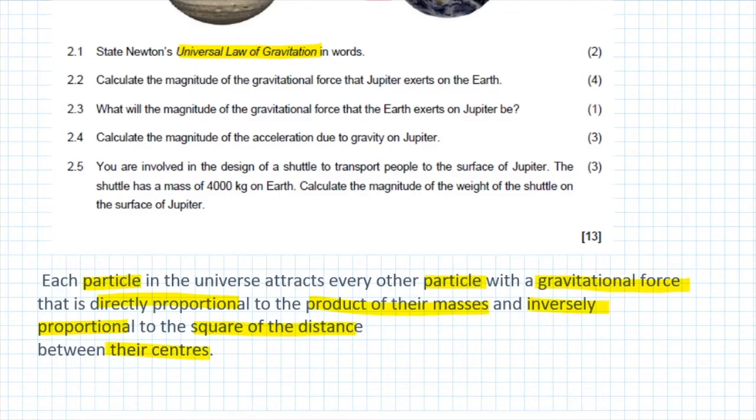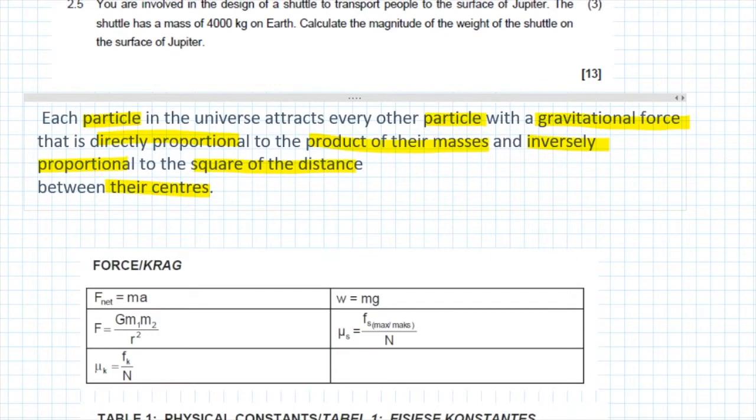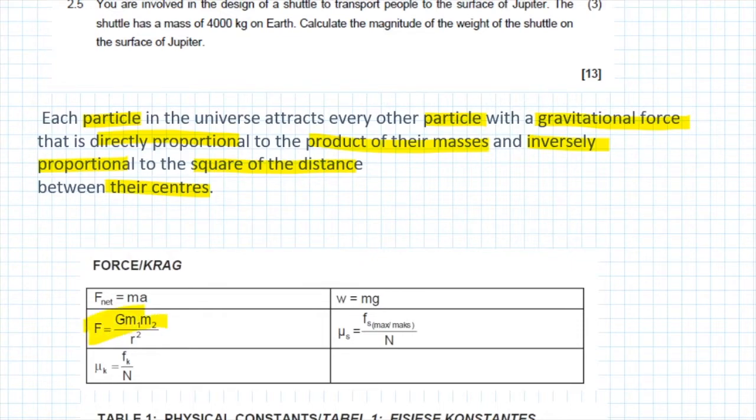Now, as normal, I do recommend that you try to find these definitions or statements or laws in the actual formulae. Let's take a look at this formula that we use for Newton's law of universal gravitation. We have on the left-hand side the force, the gravitational force. We see at the top the mass of the first object multiplied by the mass of the second object.